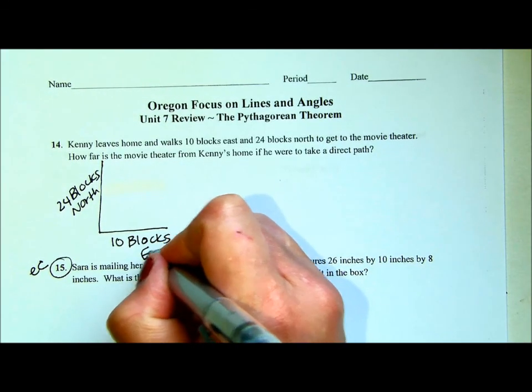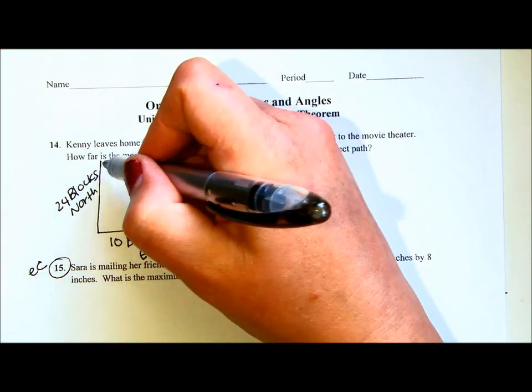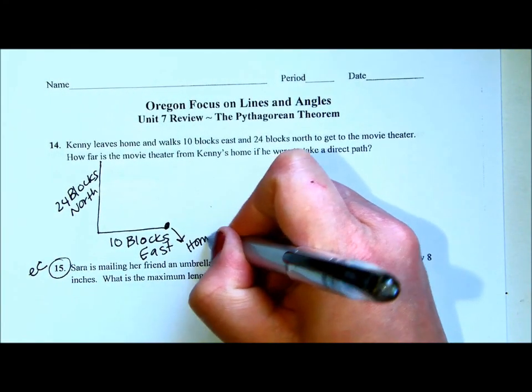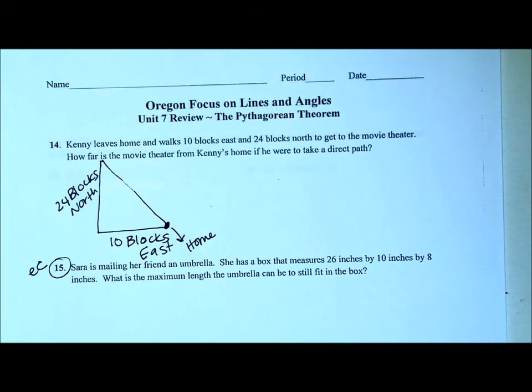Okay. So our question is, if Kenny were to take a direct path, because here's Kenny's home, and if he were to go directly from his home to the movie theater in that direct path, how far would he travel?